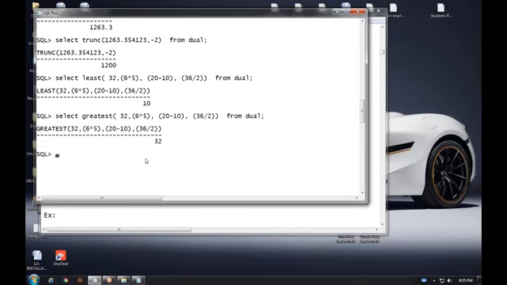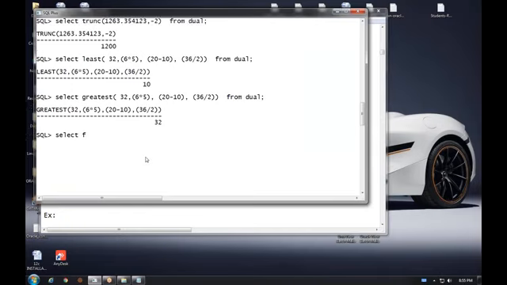Now, what is floor? Select floor of 1.75, this is my value, from Dual. Floor function displays the highest integer which is below or equal to the given value. Equal to the given value, no chance. Below the given value, what are the integers? 1, 0, minus 1, minus 2, minus 3, minus 4.